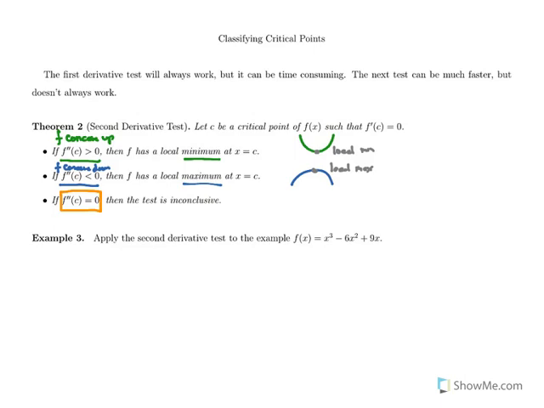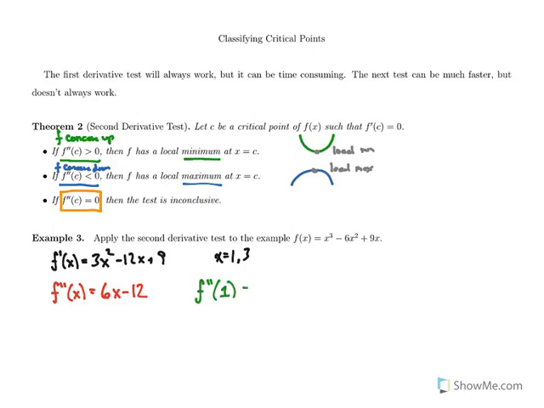So let's see the second derivative test in action and see how it can be much quicker for a problem like this. Note that the derivative here was 3x squared minus 12x plus 9, and we had critical points 1 and 3. So the second derivative test says, take the second derivative. In this case, it's going to be 6x minus 12, and we are going to test plugging in those critical points into the second derivative.